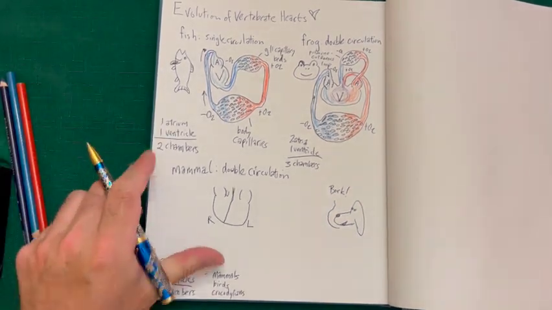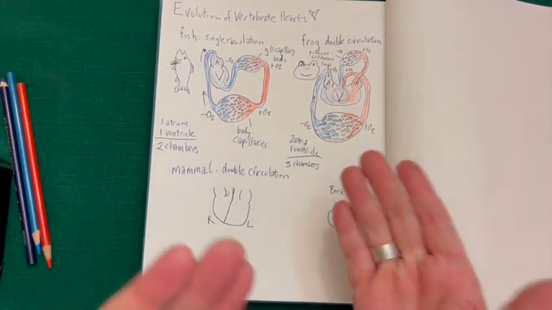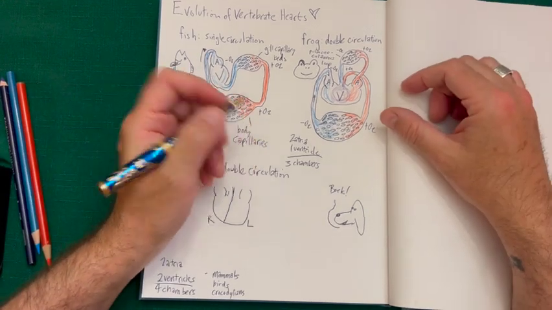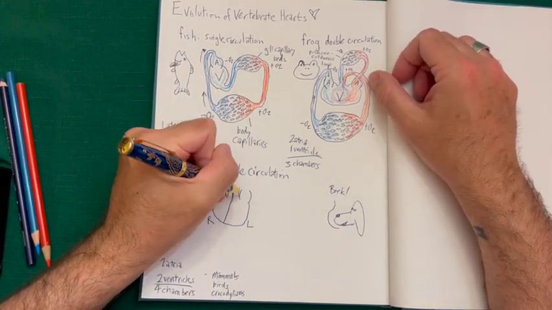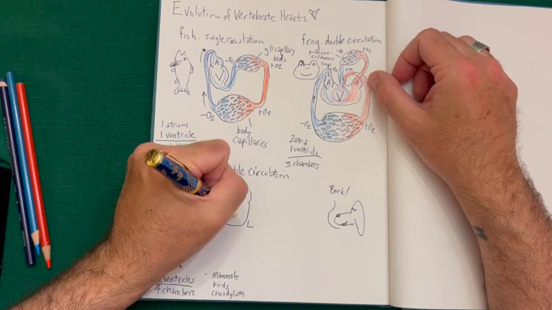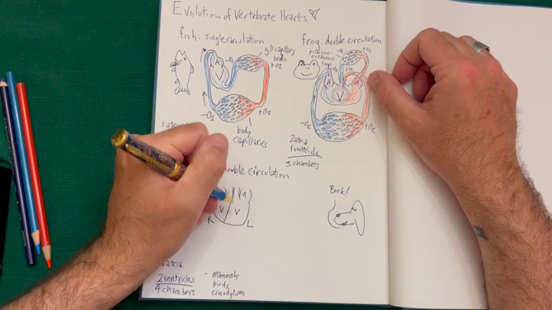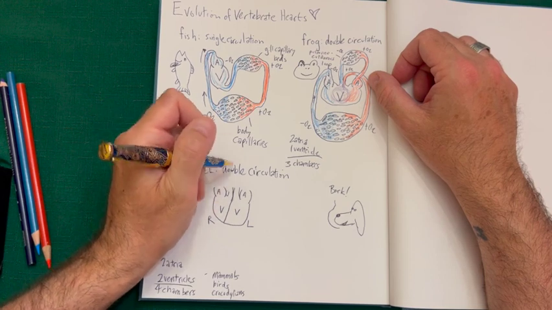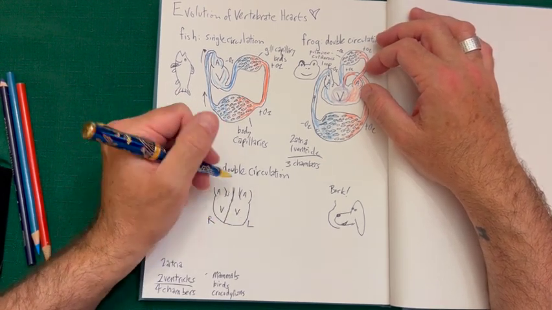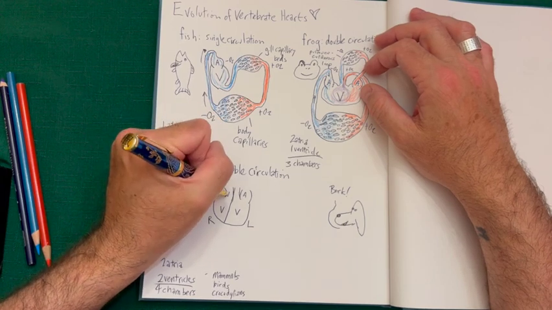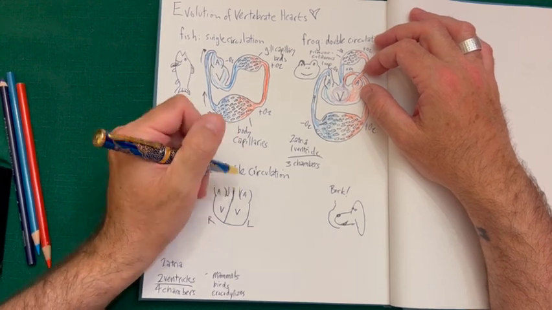So even though this is my left and this is my right, the dog would be reversed, or whatever mammal this represents. Okay, so we've got 2 atria, a left and a right atrium, and we've got 2 ventricles, a left ventricle and a right ventricle. The right ventricle is a little bit smaller than the left because it doesn't have to pump as far.